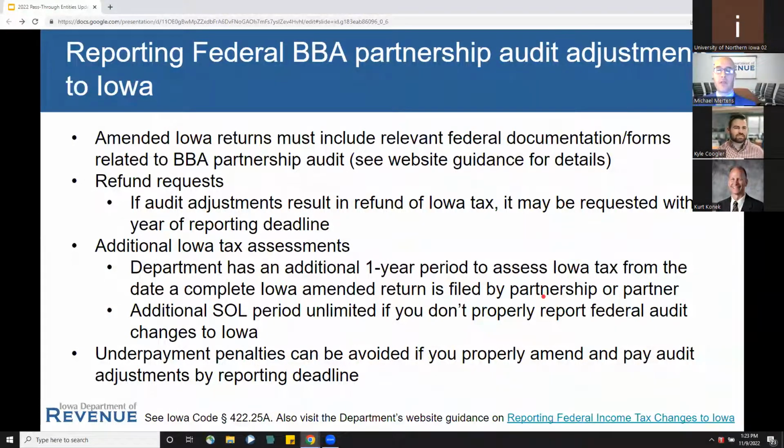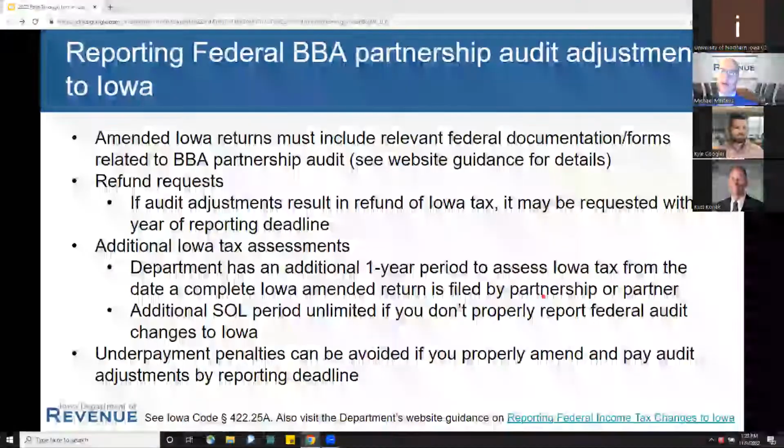If the audit results in a refund to the partnership or a partner, Iowa law does give the taxpayer an additional 1 year from that final determination date of the audit to request a refund of Iowa tax related to the audit. If the audit results in additional tax due, the department has an additional 1 year to assess that tax from the date that a complete Iowa amended return is filed by the taxpayer.